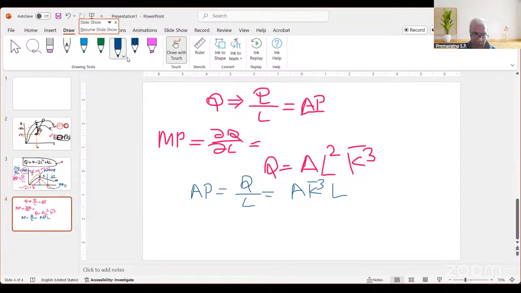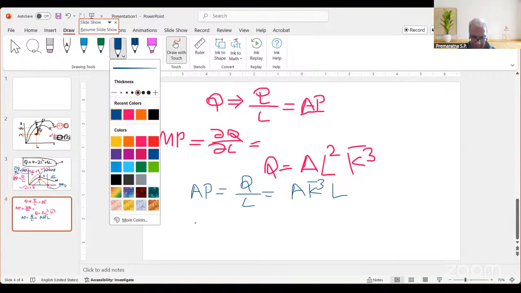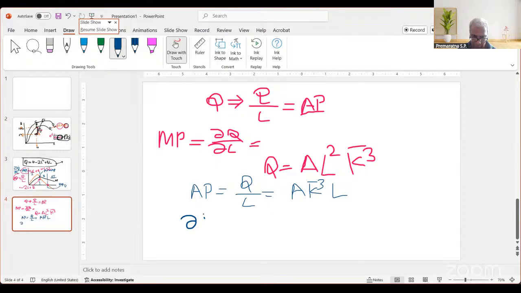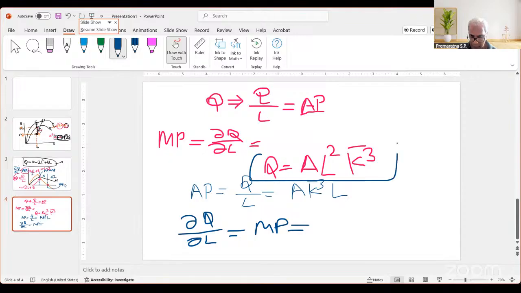The marginal product also you can find. For that, what you have to do is differentiate the production function with respect to L. There you get the marginal product. Now, when you differentiate this one, you get 2A, K, 3.